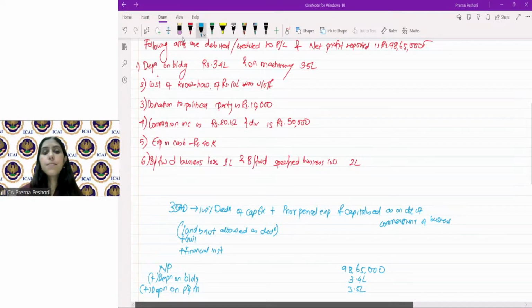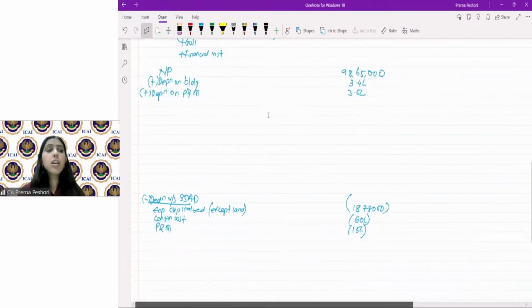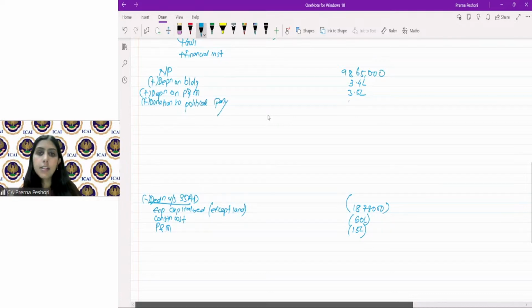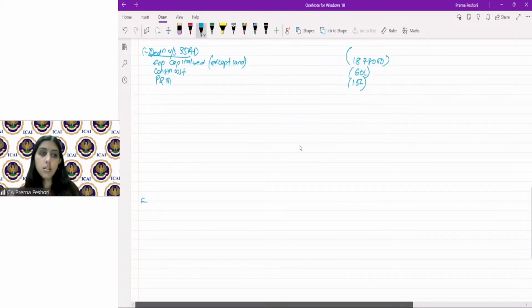Yes, Kaushiki, but what about the second impact? Yes, correct. Later deduction under 80GB. Remember the section, okay? So donation to political party, 10,000, and then you will put it under 80GB. You will get 10,000. Okay, fine.